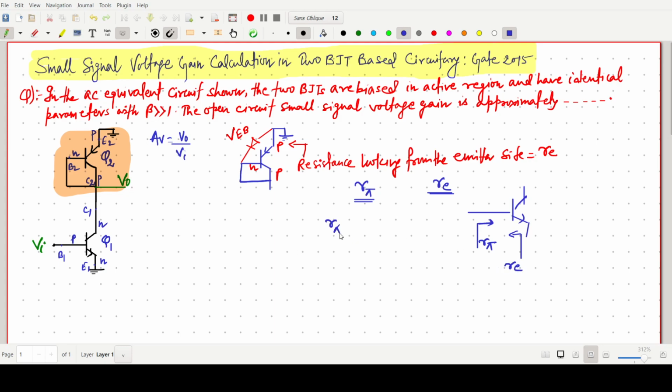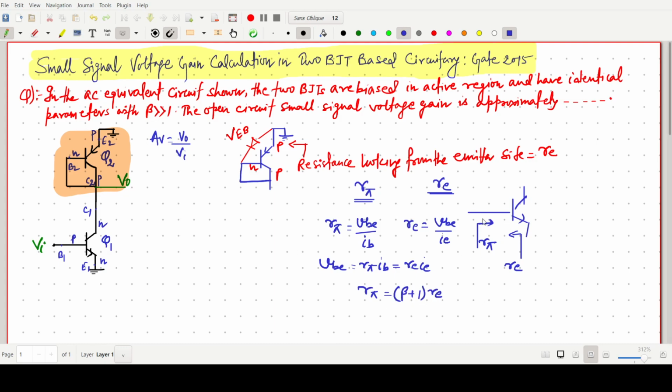So R pi equals VBE by IB, and RE is simply VBE by IE. More generally, we can write VBE equals R pi times IB, and this one is just for our practice, RE. If we solve this, we get the formula R pi equals (beta plus 1) RE.